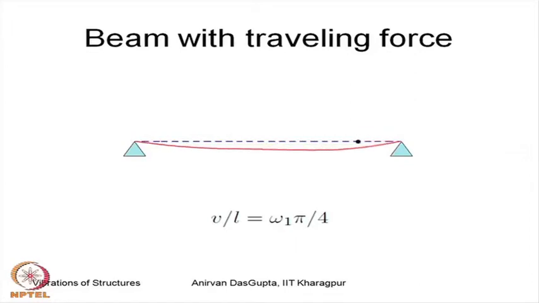So, you can again see the disturbance propagating forward and it is reflecting back.